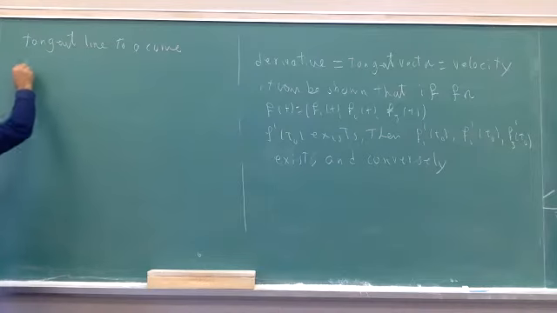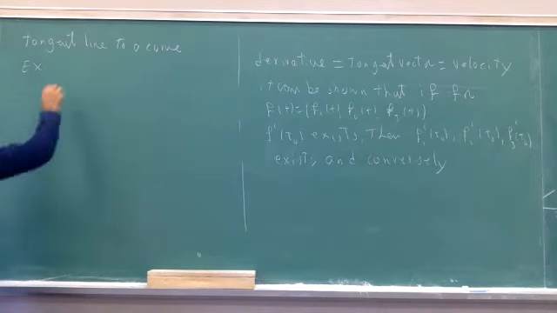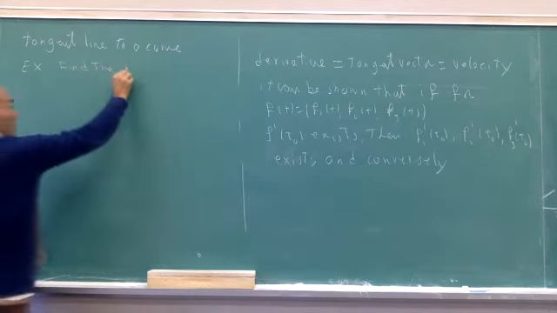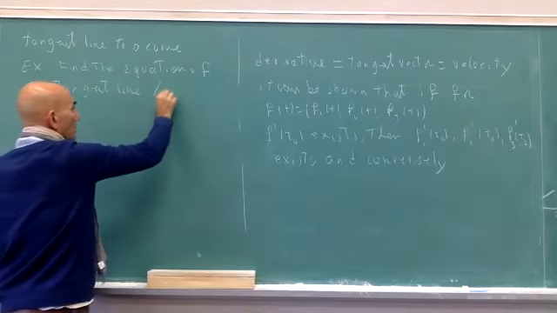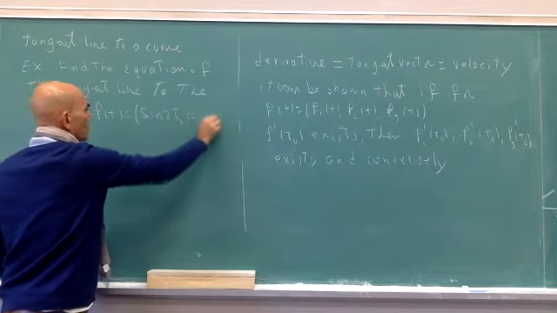So here's an example. I ask you to find the equation of the tangent line to the spiral f of t equal to sine 2t, cosine 2t.